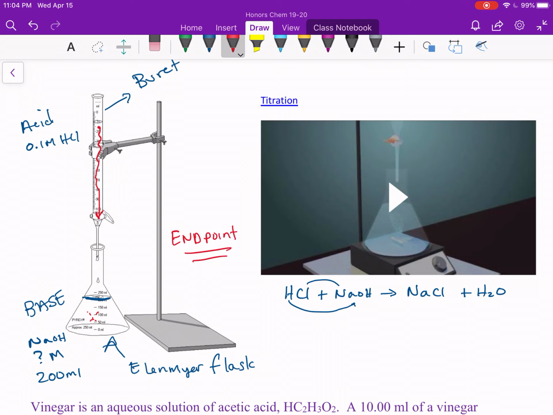Now, when all the NaOH gets used up, when we hit the end point of the titration, we have to have a way to detect it. And so what we're going to see in the video is we can put what we call an indicator in there that will tell us when all the NaOH gets used up, when it becomes the limiting reactant.